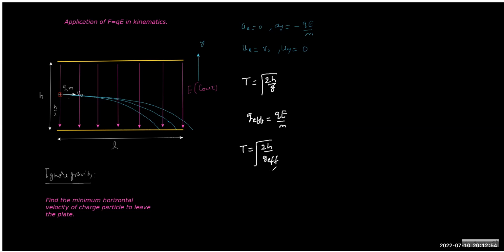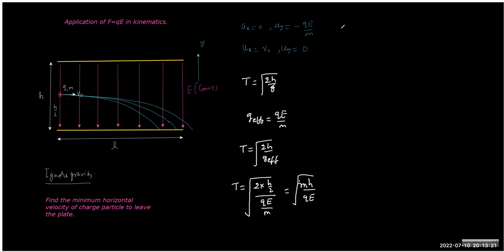Right now I'm ignoring it. Let's do both cases, ignoring gravity and including gravity. So h is h, g effective is qE by m, and of course the answer is root of 2mh upon qE.